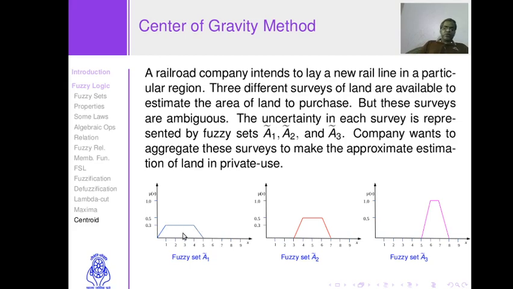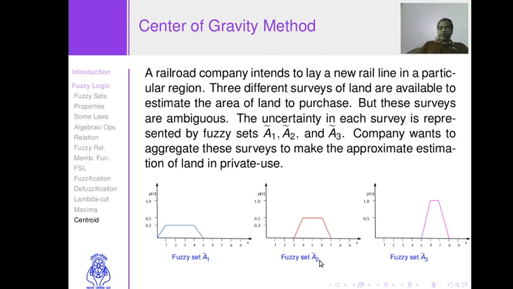This is the oldest survey, so the maximum degree of membership to this fuzzy set we have given is 0.3. This is a comparatively newer survey, so the maximum degree of membership for this fuzzy set is 0.5, and this is the newest, so the maximum degree of membership for this fuzzy set we have taken as 1.